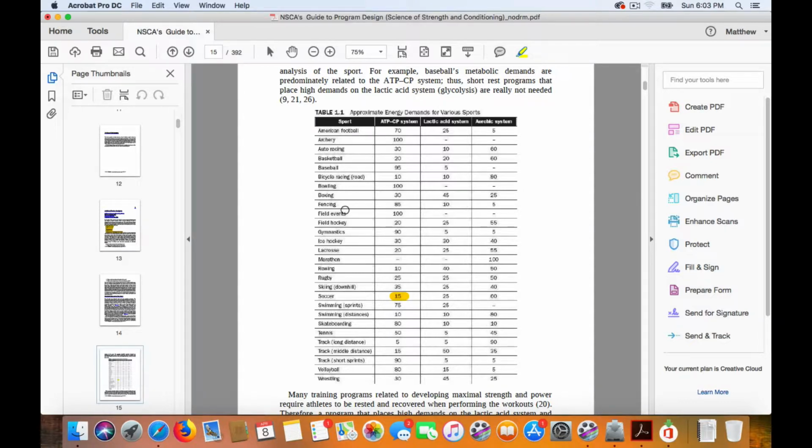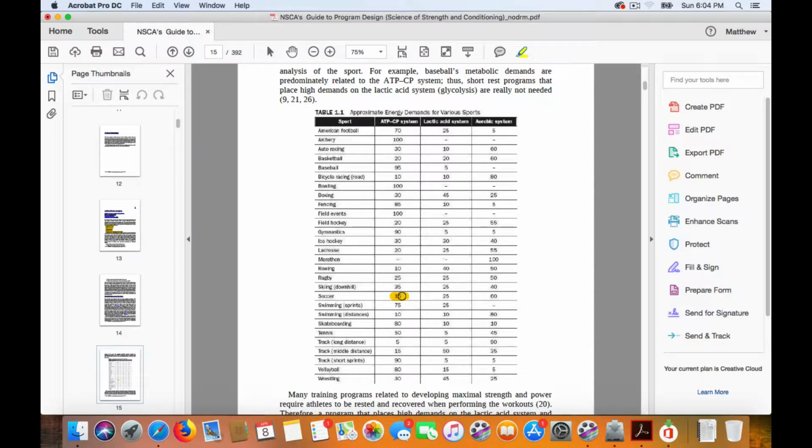As you can see, this is a really good table of the approximate energy demands of each sport. Like gymnastics, it's very sprint driven. The ATP-CP, the creatine phosphagen system, is very short dynamic workouts or explosive power, kind of like a power lifter or Olympic lifter.